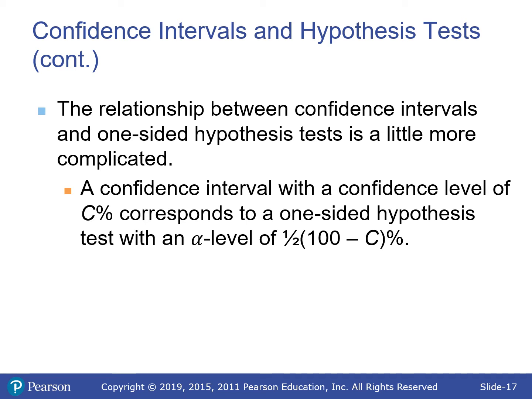So it's easier: alpha equals 1/2 times 100 minus c percent. So 2 times alpha would equal 100 minus c. If our significance level is 5%, that puts us up to 10%, which means we need a 90% confidence interval. Which you can still do. You just have to be a little bit more careful.